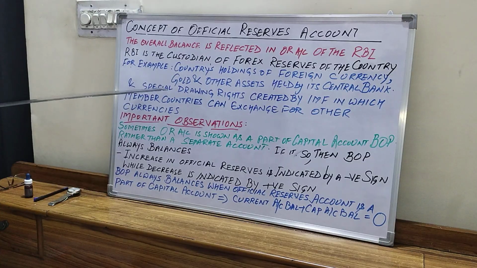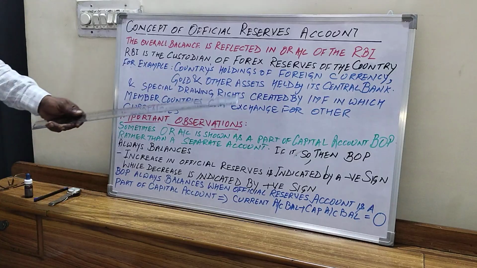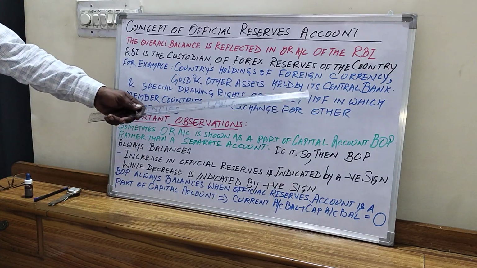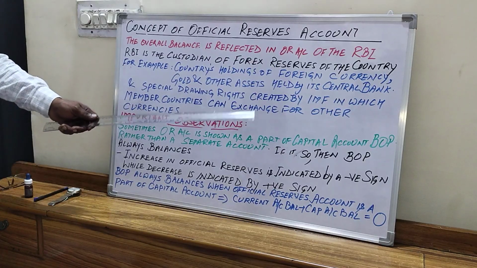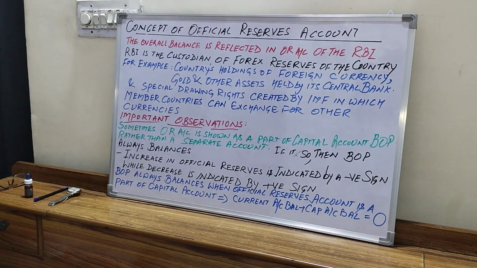examples of official reserve account are gold and other assets held by the central bank, and also special drawing rights created by the IMF, in which member countries can exchange for other currencies, which is very important. So this is the official reserve account.